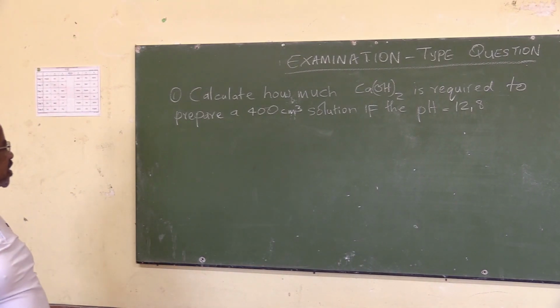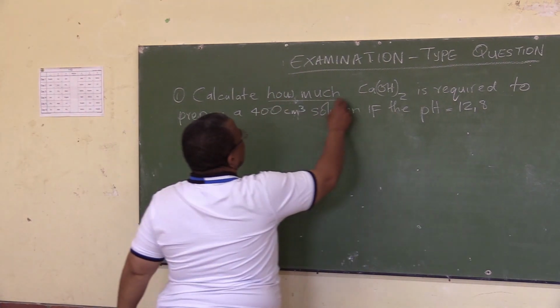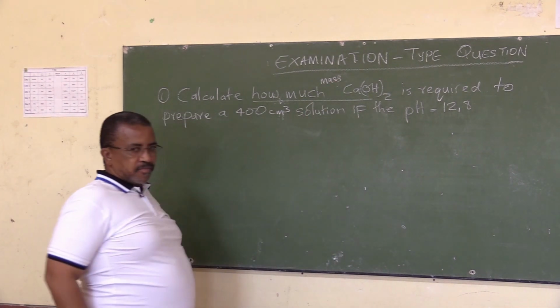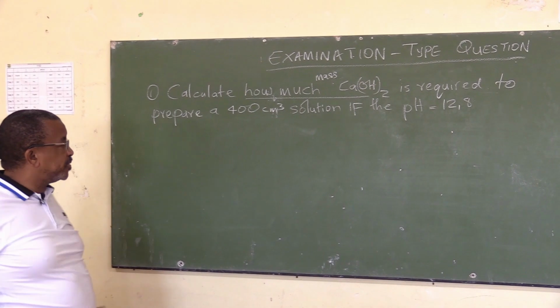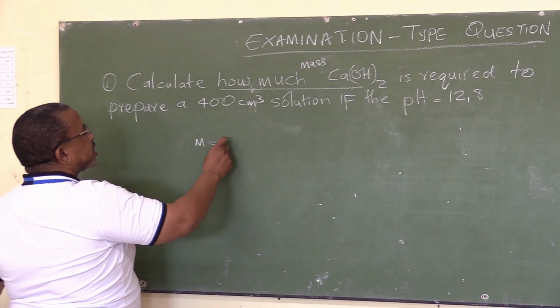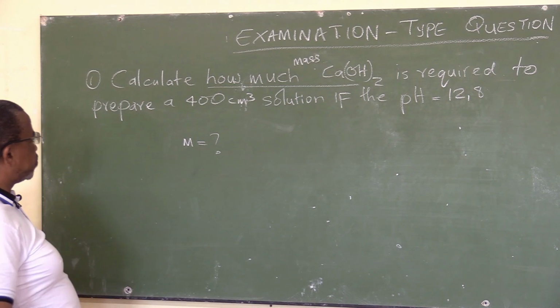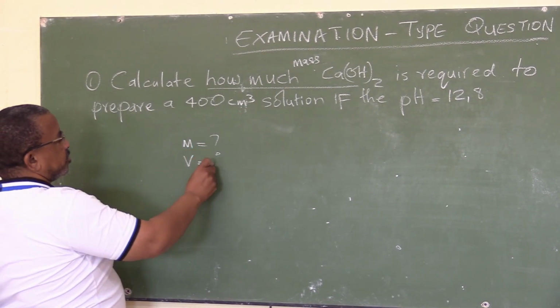So we have how much of this. Now maybe how much calcium hydroxide? How much? They want the mass. How much calcium hydroxide do we need? Because calcium hydroxide you can get in the form of a mass. You need how much calcium hydroxide to prepare, this is cubic centimeter, it's a volume.